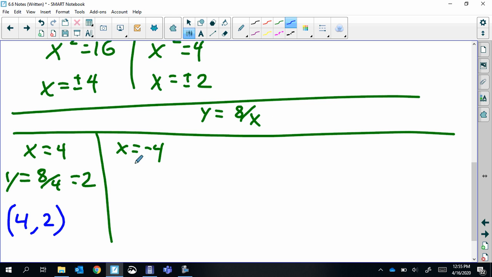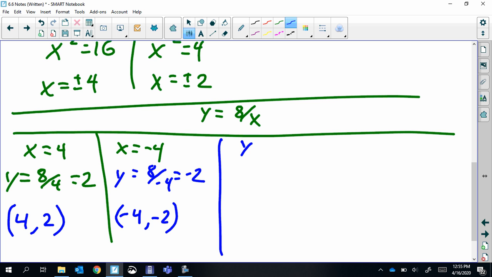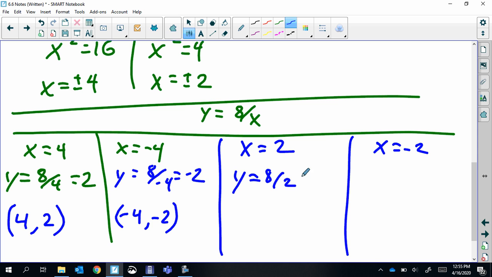Same idea with the negative 4, so we've got 8 divided by negative 4, that's negative 2, so our ordered pair is negative 4, negative 2. And then when we had x equals positive 2 and negative 2, we get y equals 8 divided by 2, which is 4, so that ordered pair is 2, 4.